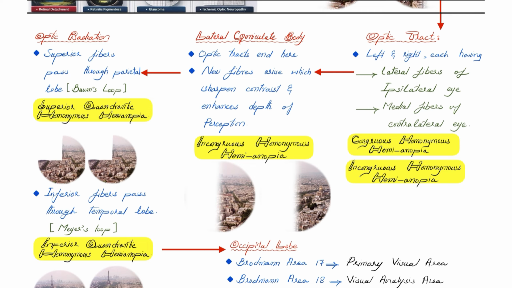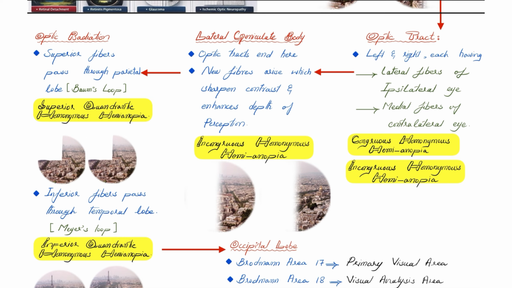And disruption or trauma to lateral geniculate body leads to incongruous homonymous hemianopia. If we break down these terms, incongruous means asymmetrical, homonymous means same side of visual field, hemi means half, and anopia means missing the vision.